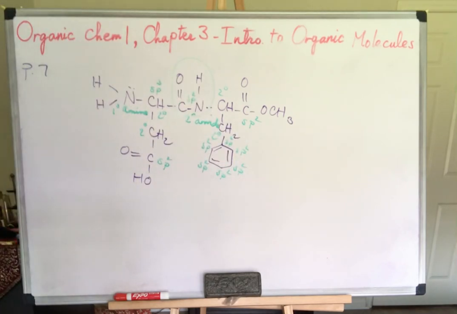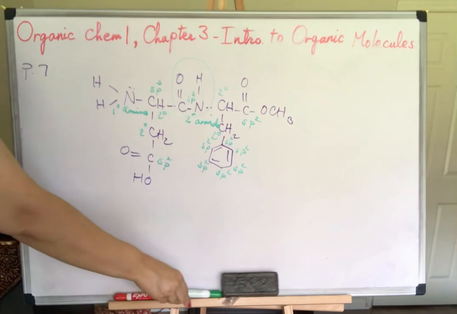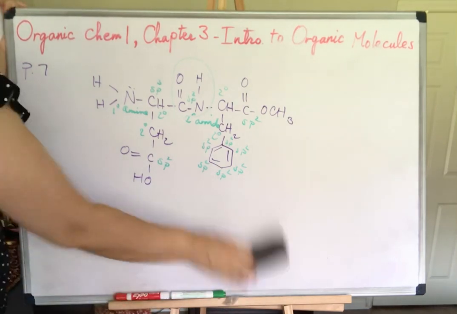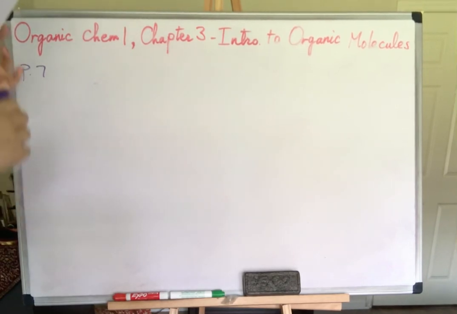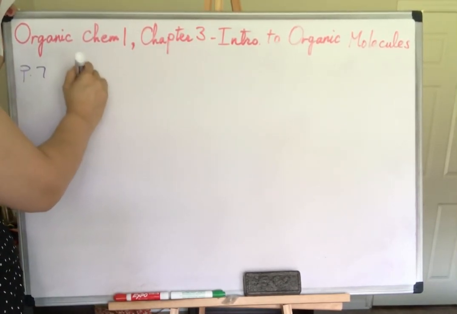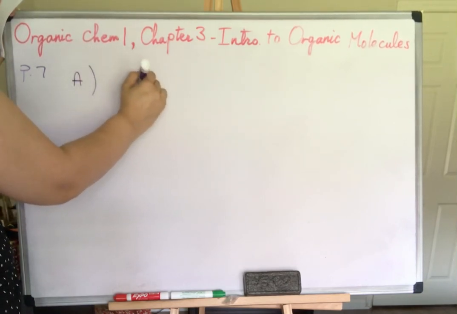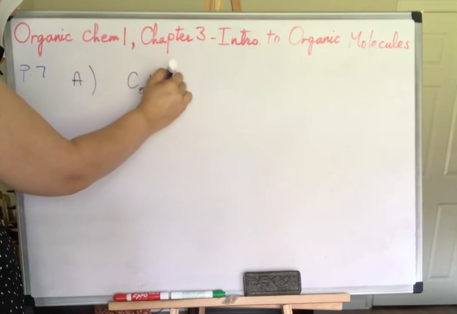Alright, the next practice on page 7. We are supposed to draw a structure of a compound that fits the descriptions in the question. First, an aldehyde with the molecular formula C5H10O.